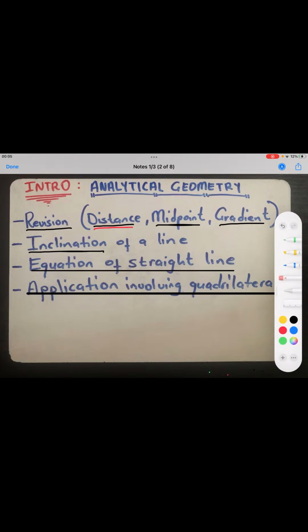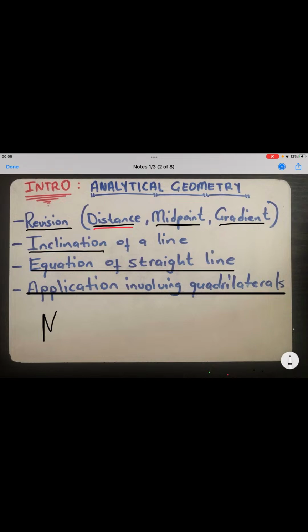With regards to the midpoint formula, it is equal to the first x value plus the second x value, all of that divided by 2, and you do the same for calculating the y values. It has to be y1 plus y2, and the whole of that you divide by 2. That's how you calculate the midpoint.